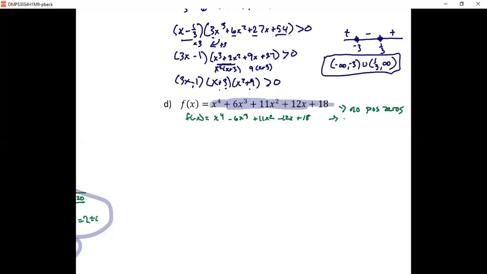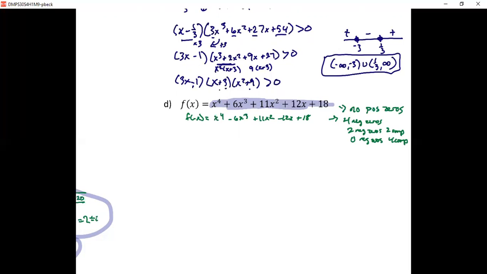Those 4 changes in signs mean I either have 4 negative zeros, 2 negative zeros and 2 complex, or 0 negative zeros and 4 complex. Now, do you think it's really a problem that I'm going to give you where I'll have 0 negative zeros and everything's complex and I'm going to make you do that on your own?